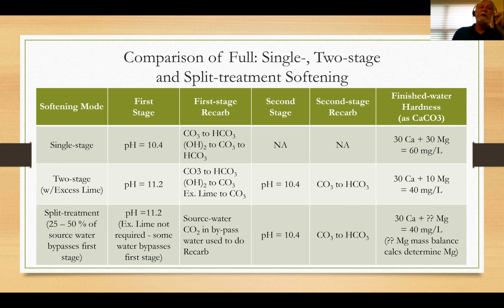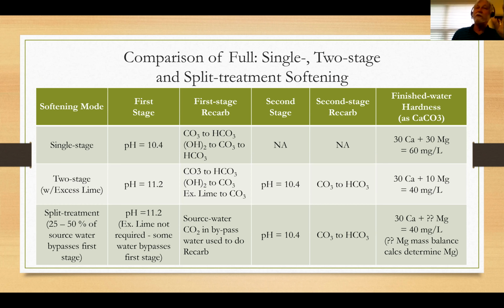But if I operate a 1-stage full softening, a stoichiometric addition of lime and soda ash to soften everything, I end up with 30 calcium, 30 magnesium as calcium carbonate, or a final hardness of 60.